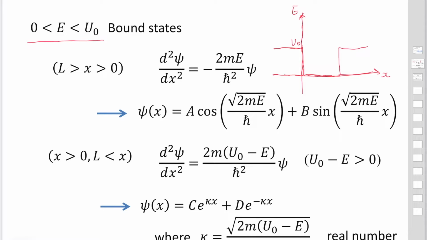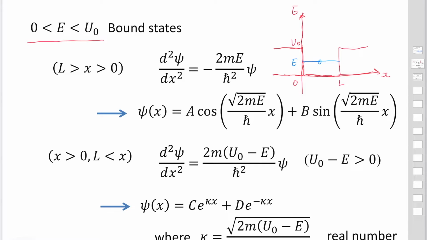This is the x coordinate, 0, and the box has a width of L. The energy of the particle is this quantity E, and E is smaller than U sub 0. So the particle is expected to be bound inside of the box.